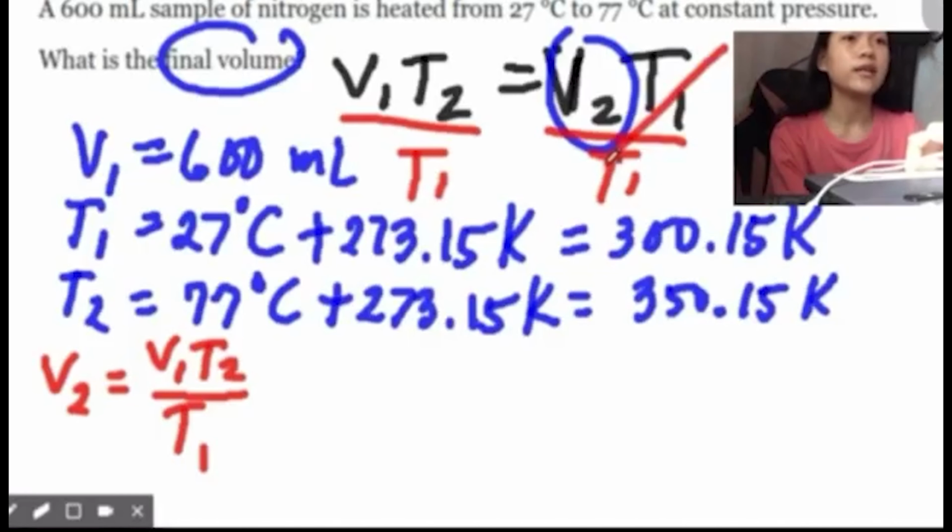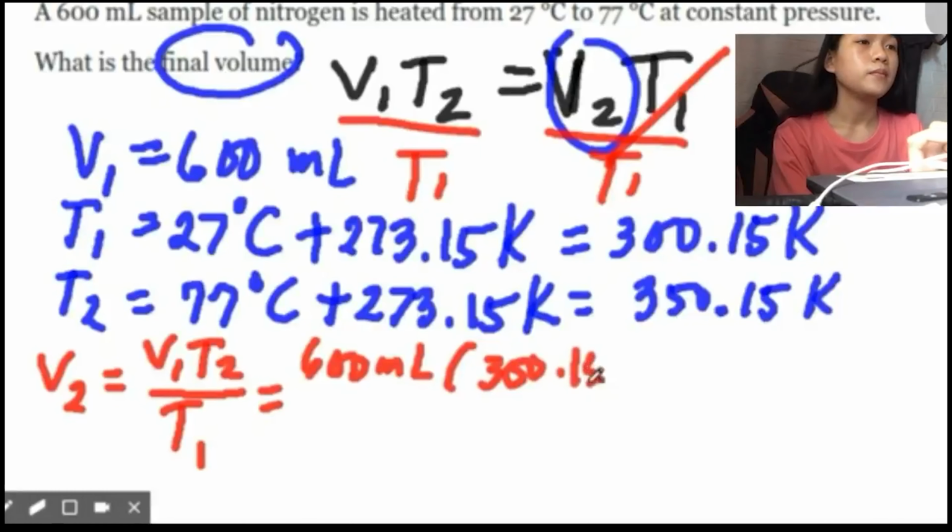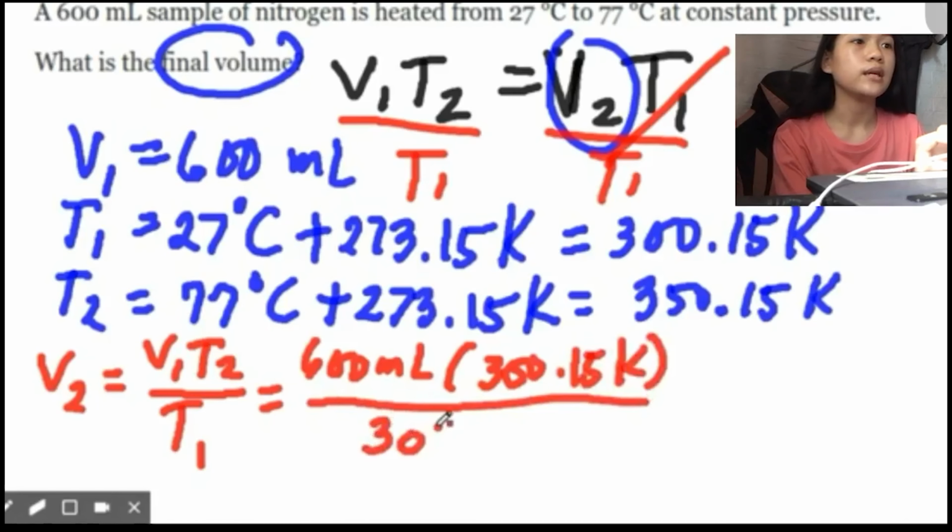Now we're ready to substitute. Our units are okay. So that is 600 ml times 350.15 Kelvin over 300.15 Kelvin.